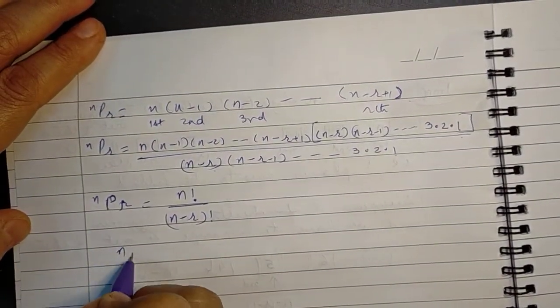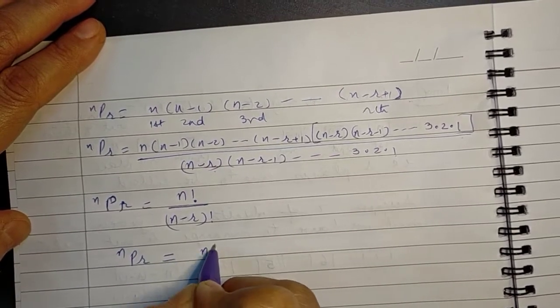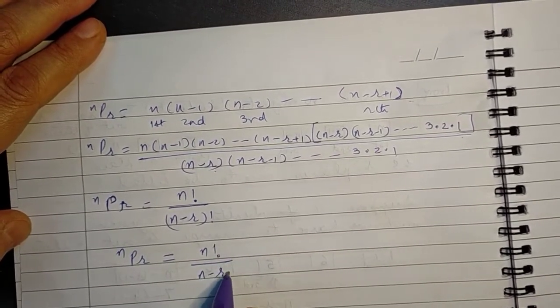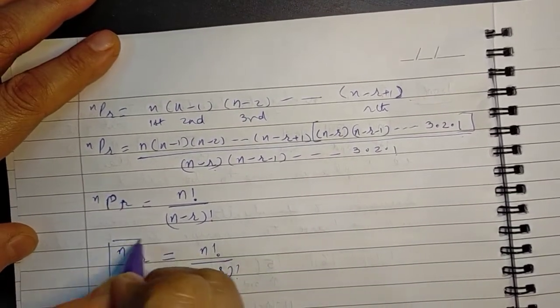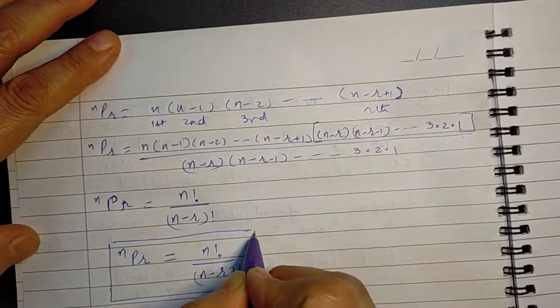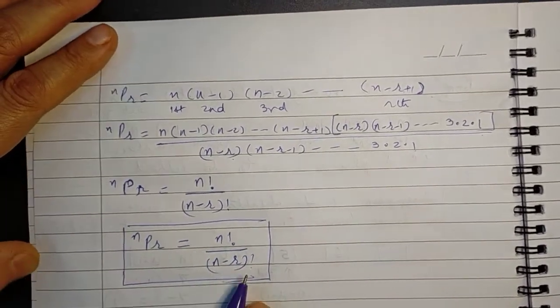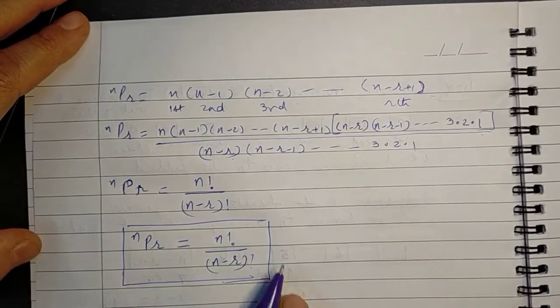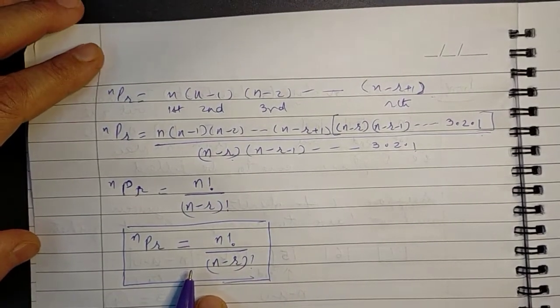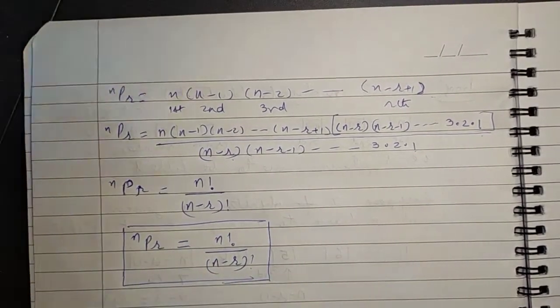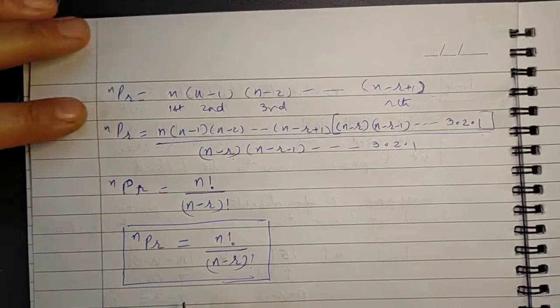And so we get a formula for nPr in a very short and crisp manner: n factorial over (n minus r) factorial.